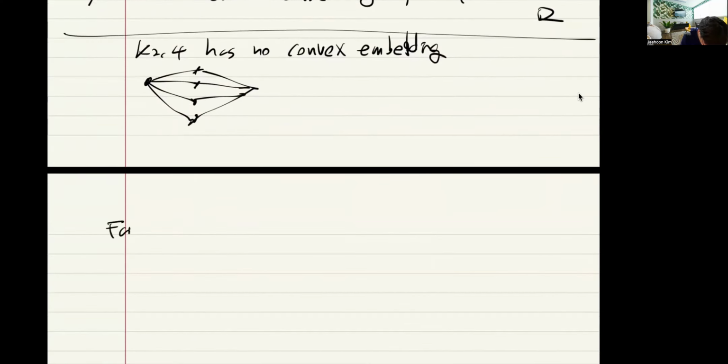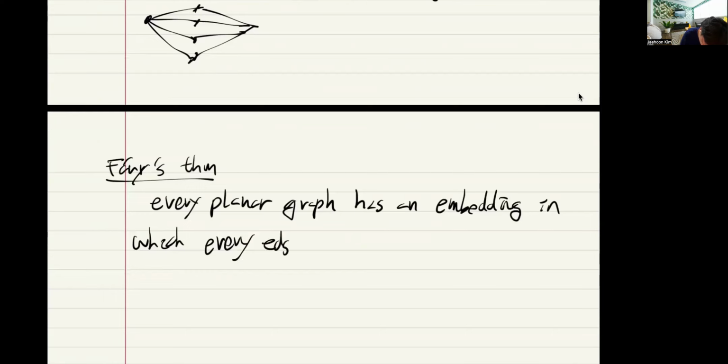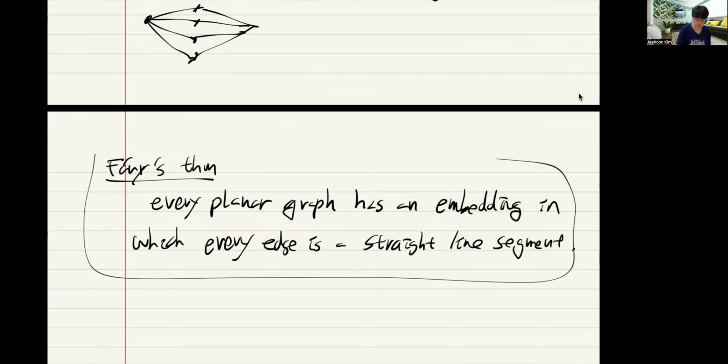However, there is a theorem, Fáry's theorem, which says that every planar graph has an embedding in which every edge is a straight line segment. The proof is not too difficult, so you can try.